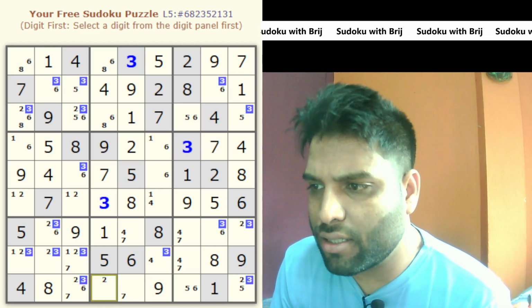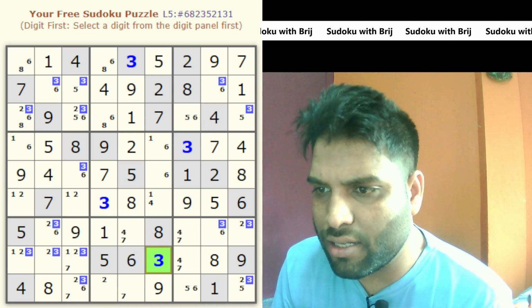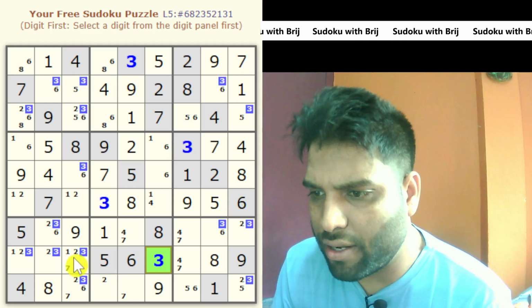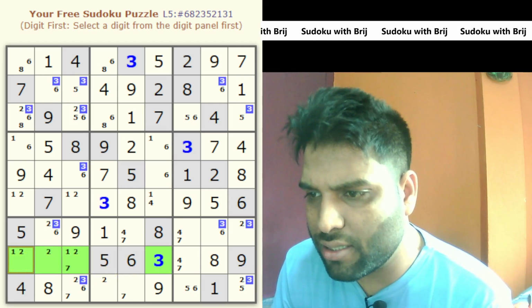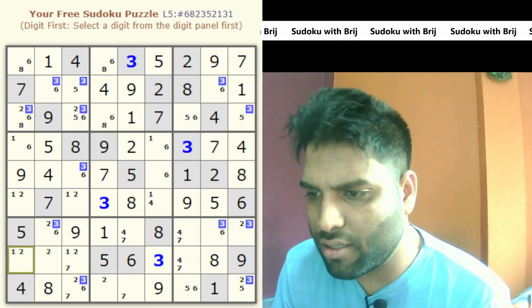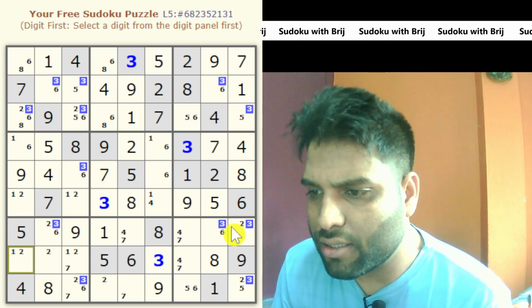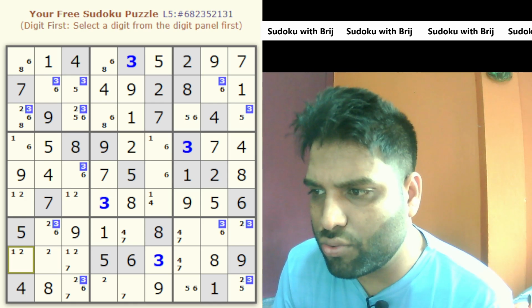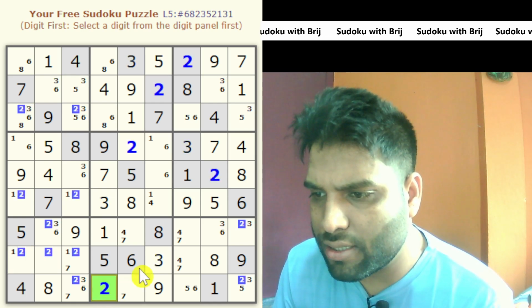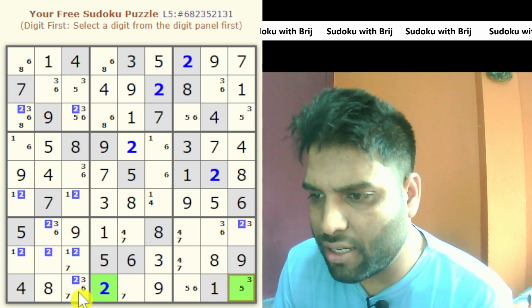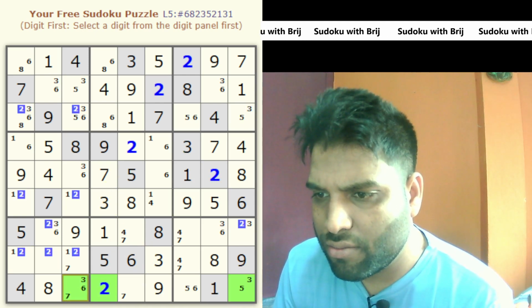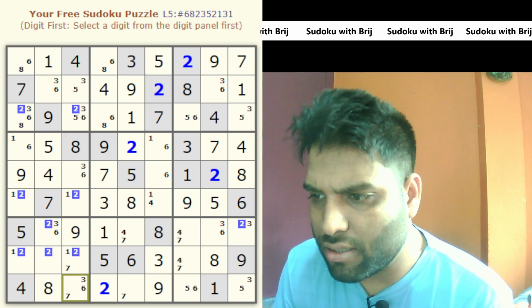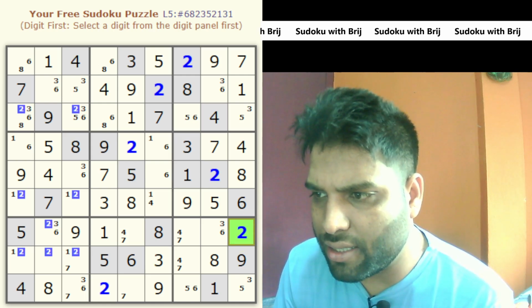So I think there is a solution of 3 in this cell, and I can remove 3 from these cells, and I think there is a solution of 2 in this cell. So 2 can be eliminated, and there is a solution of 2 again in this cell.